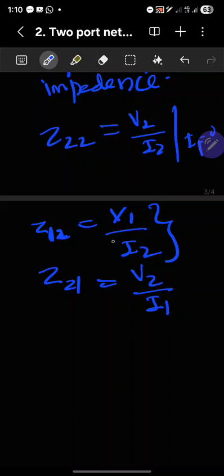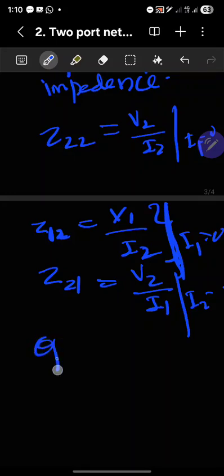We cannot just write V1 by I2. We have to write the condition too, where the relevant port should be open. So in this term, I2 is in the denominator, so I1 should be 0. Similarly here, I1 is there, so I2 should be 0. So in all the cases, some of the currents are 0. That's why these are called open circuit parameters.